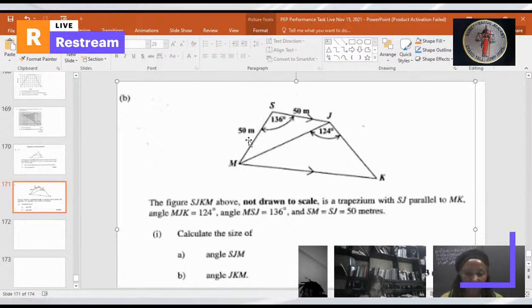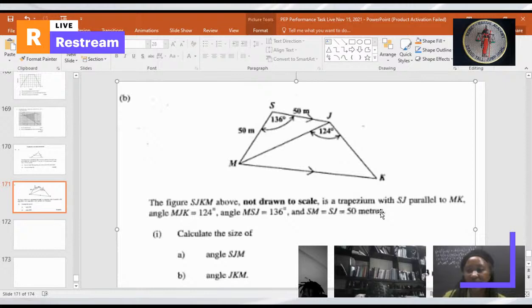So we can put MJ over the sine of 136 is equal to 50 over the sine of 22. So write that down. That's the sine rule.